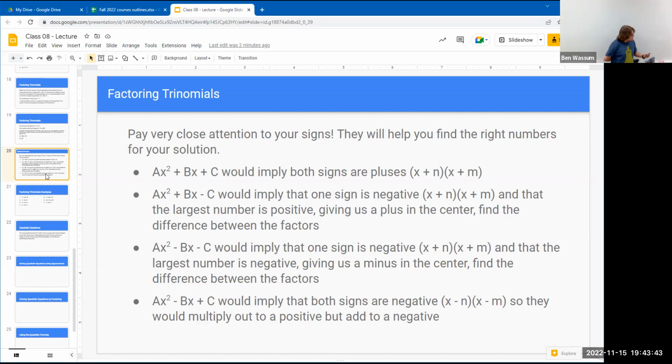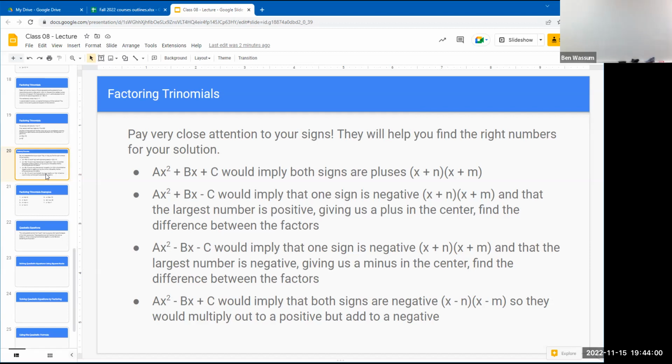Whereas if we look at the third bullet point, same sort of thing happens. We have a minus on the end, but there's a minus in the middle. Well, that means that your larger factor had a negative on it. So those kind of fall together pretty nicely, actually.